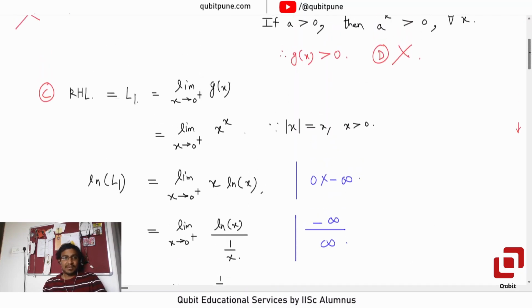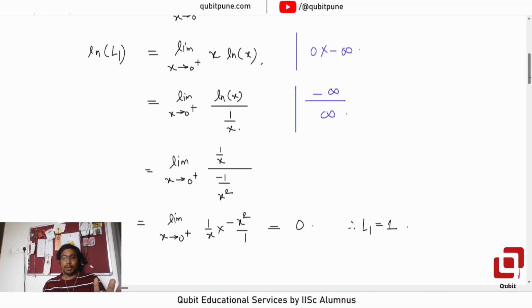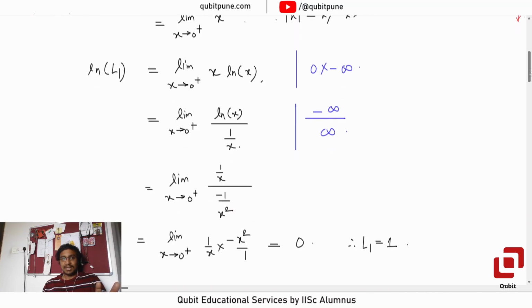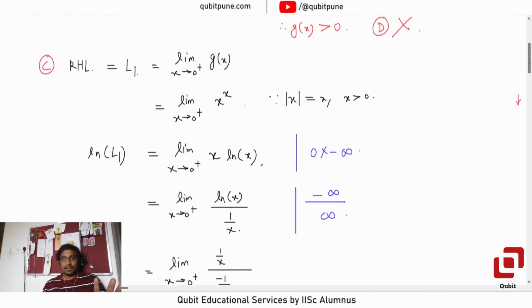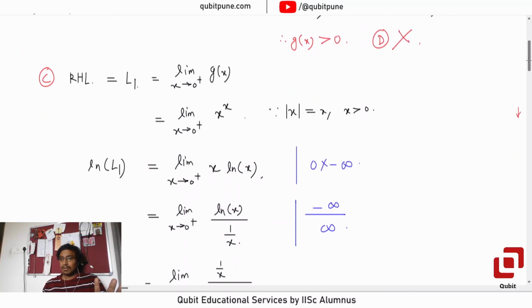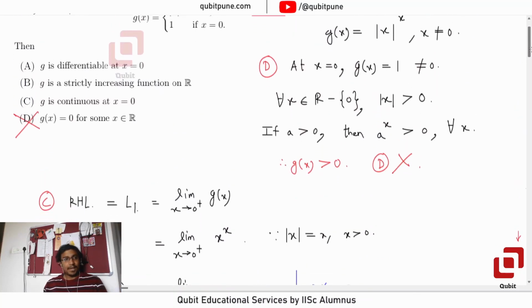So at least the RHL is equal to 1. Do you understand this? RHL equal to 1? Raise your hands if you understand. Okay, RHL is equal to 1.